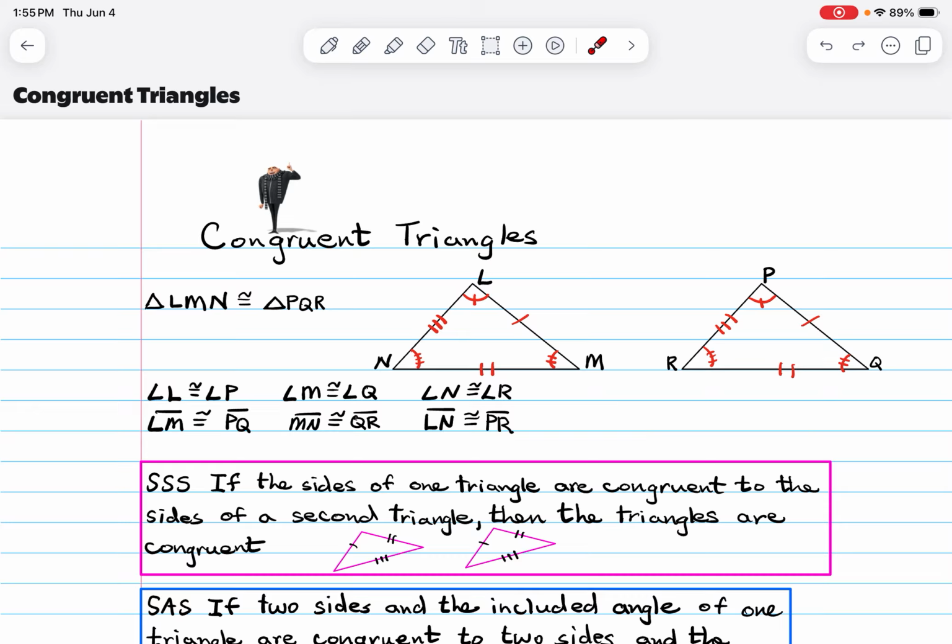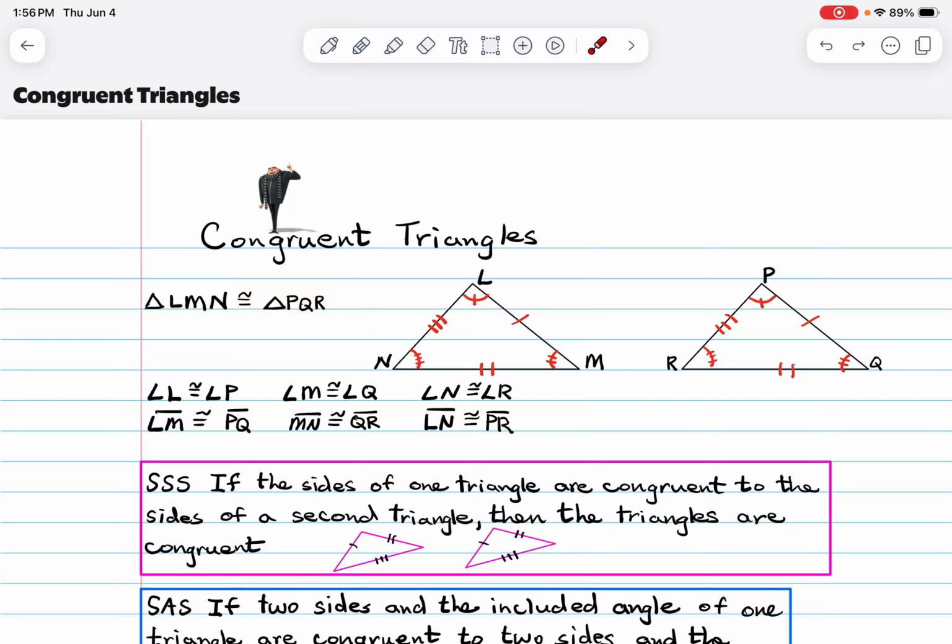I've got two triangles, LMN, this triangle here, and PQR, this triangle here. This angle L corresponds to this angle P. So I denote that they're congruent just by putting a little arc and a single line through it, just like that. So L and P are congruent. M, an arc through both of these.